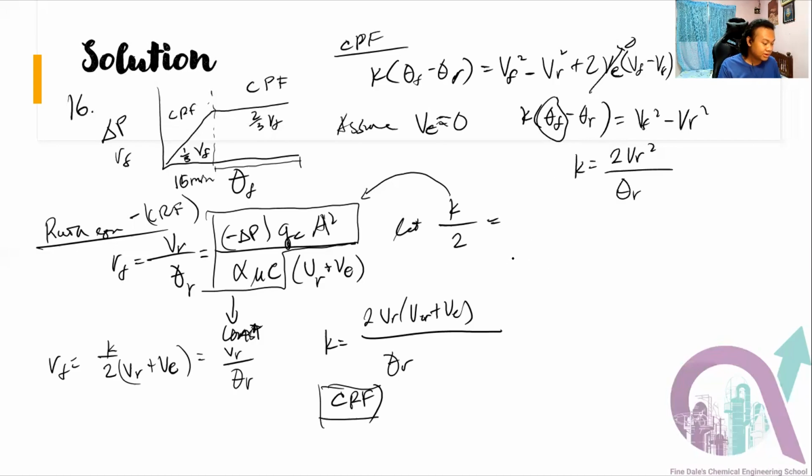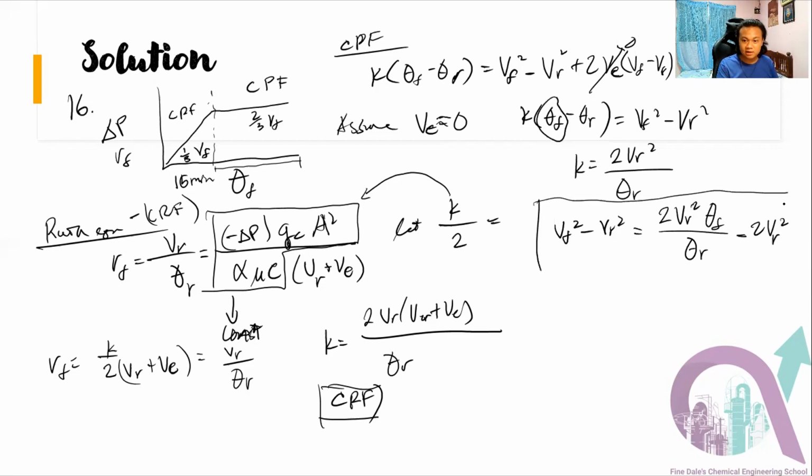If we combine that, we'll have this: VF squared minus VR squared, then you have 2 VR squared theta F over theta R minus 2 VR squared. Okay, so this is the equation that we will be using all throughout these two problems.